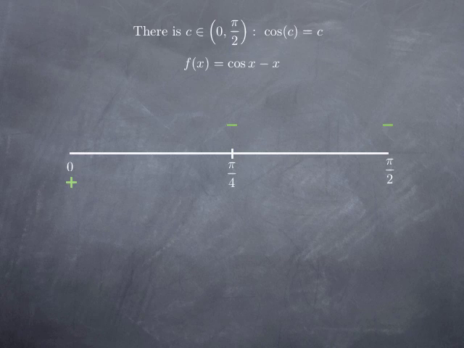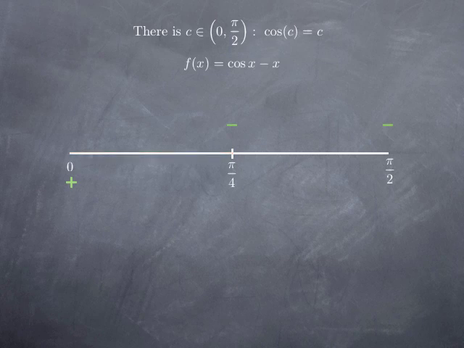In other words, the function takes a positive value at 0, a negative value at pi over 4, so the intermediate value theorem tells us that there must be a 0 for the function f on this half of the interval. So now we have twice as much information on the value of c. Now we know that it's between 0 and pi over 4.